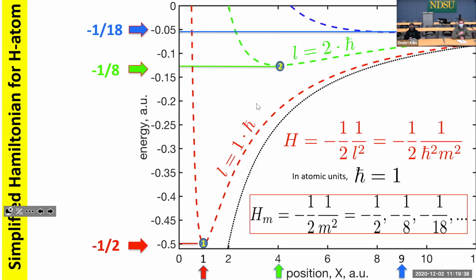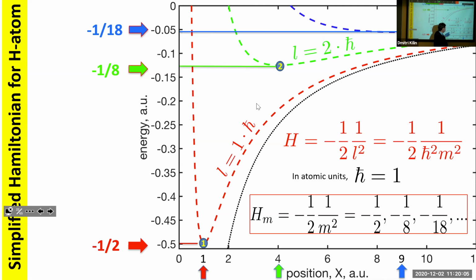And if things go perfectly, I hope to arrive at this slide showing that energy will be minus, inversely proportional to angular momentum squared. And if you have the orbit magnetic quantum number, it will be 1 over m squared.